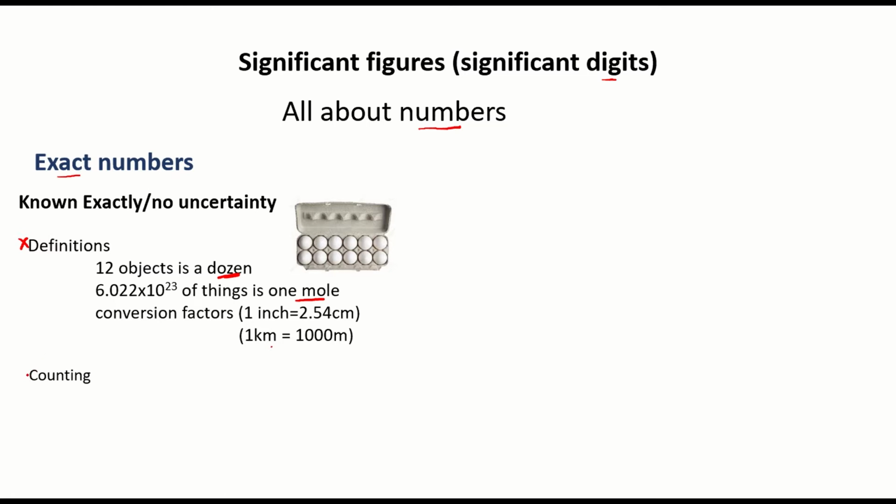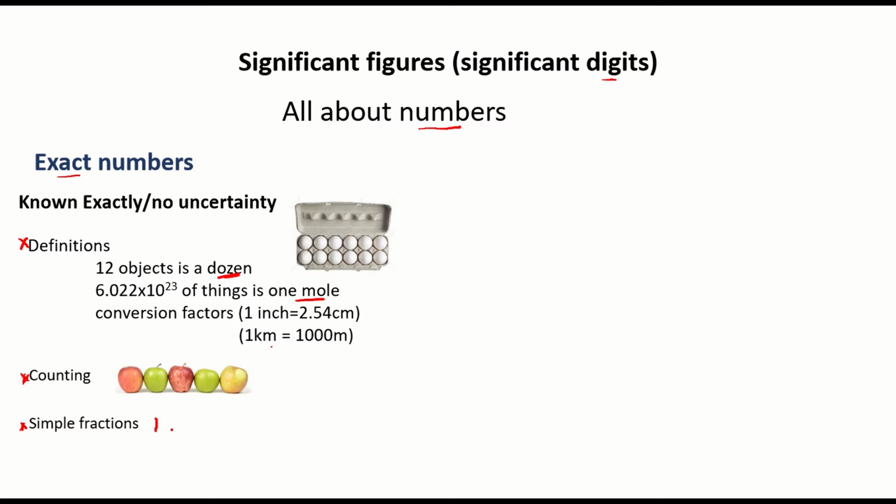The things you get from counting objects are also called exact numbers, like how many apples you have here. 1, 2, 3, 4, 5. You have 5 apples and you know exactly you have 5 apples. What else? Simple fractions are also considered exact numbers.